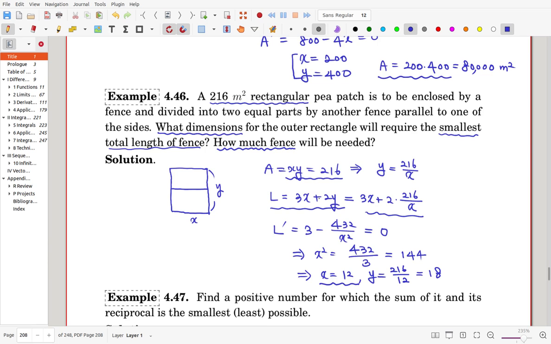That is exactly this quantity, so the final answer must be 2x plus 3y, and by using 12 and 18 you can finalize. That is now 24 plus 54, so that is 78.